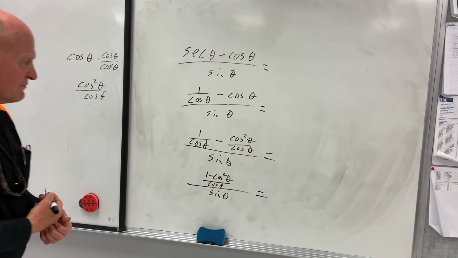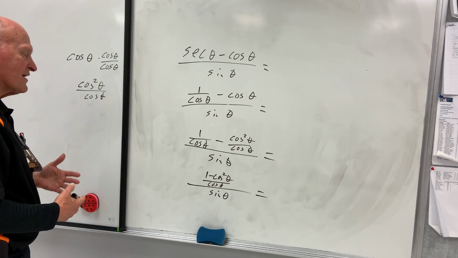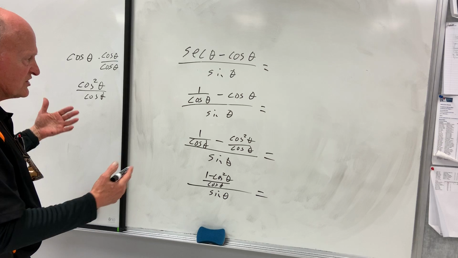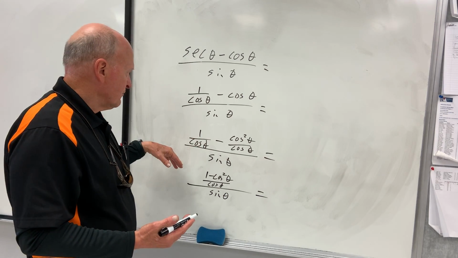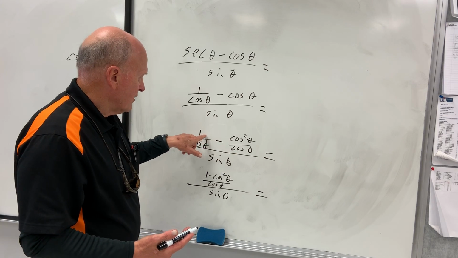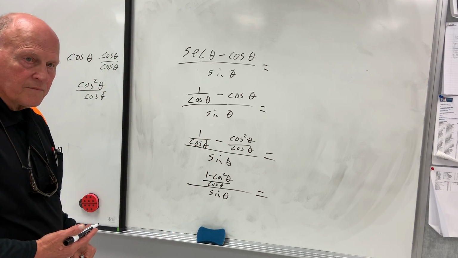Now, if I was in class, somebody might ask me, how do I do that? That's the same thing like 1/6 minus 2/6. Well, I'm going to take the 6 and put it in the denominator and then do the difference in the numerator. So I have this thing right here.